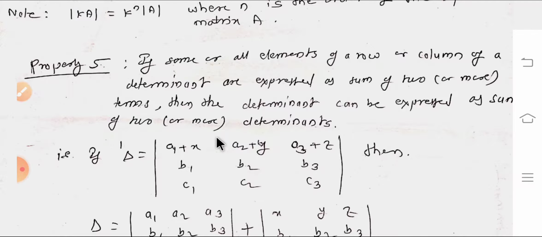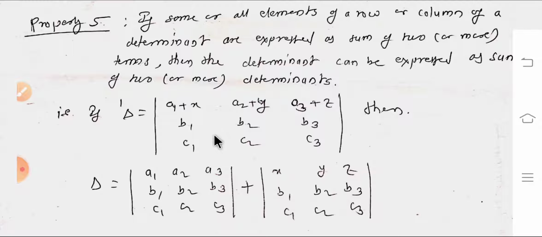Next, property 5. If some or all elements of a row or column of a determinant are expressed as the sum of two or more terms, then the determinant can be expressed as the sum of two or more determinants.